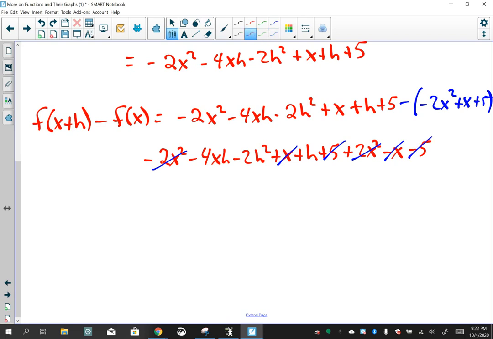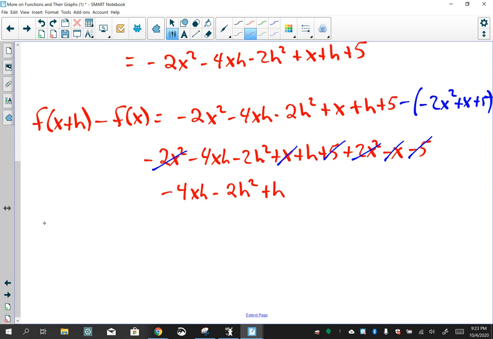So if done correctly, everything that you write should have at least one h in it. So mine are negative 4xh minus 2h squared plus h. Okay? This is a good thing because everything that we're left with has an h in it.